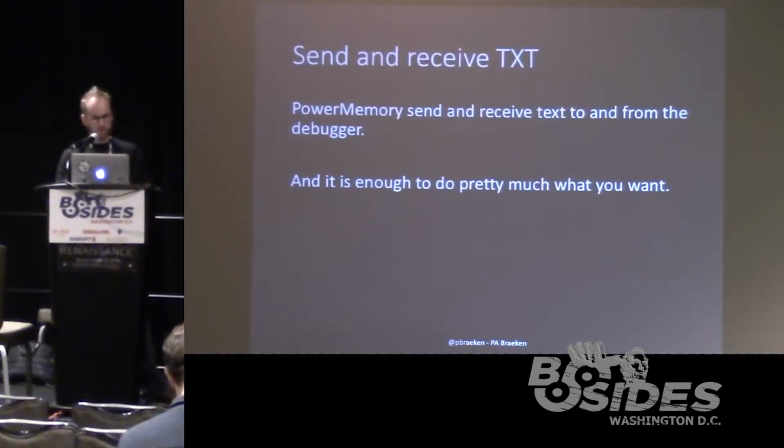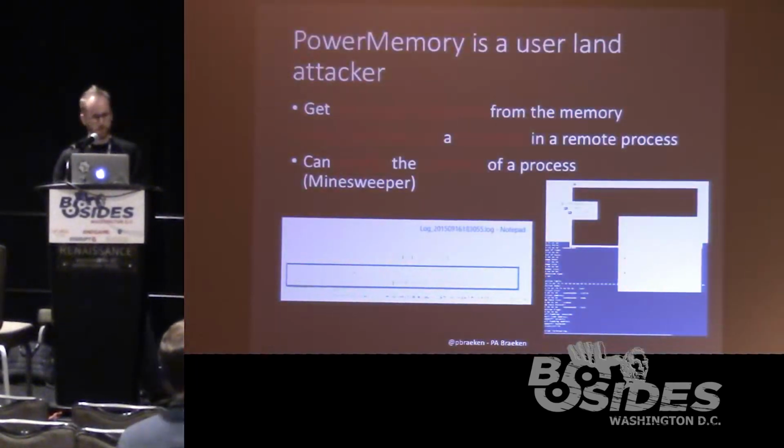Basically what I do with PowerShell, the tool and the debugger, is sending and receiving text bytes. That's all. I don't use API. I let the debugger do it for me. All the calls to the operating system will be done by this debugger, and with that, you can do everything you want on the operating system.